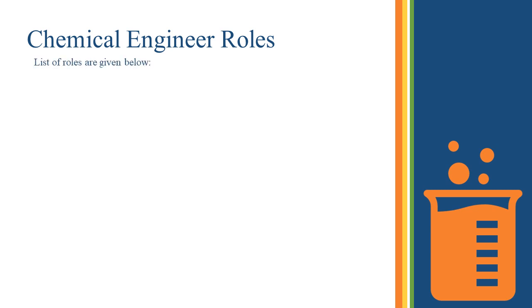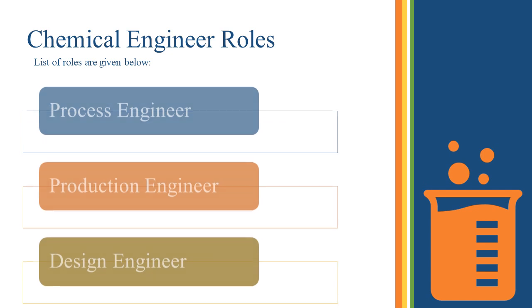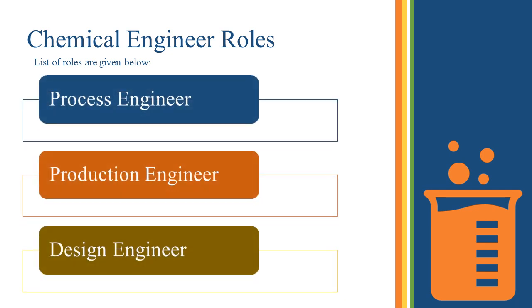So here is a list of roles of a chemical engineer. A chemical engineer works as a process engineer, and as a process engineer, develops workflow sheets. A chemical engineer also works as a production engineer, and as a production engineer, enhances the quality of the product and the production. A chemical engineer also works as a design engineer for the designing of equipment and troubleshooting.